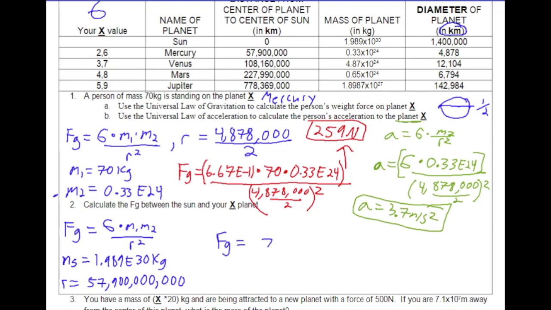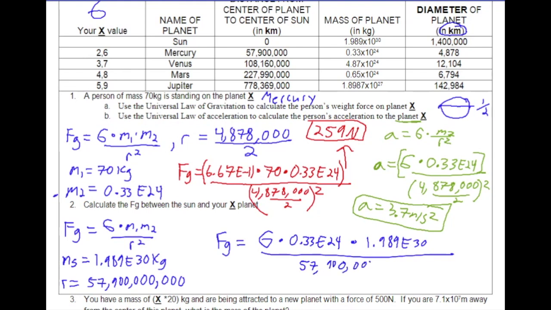Fg equals big G times m1, which we said was 0.33e24, times m2, which is 1.989 times 10 to the 30th, all divided by 57,900,000,000,000.